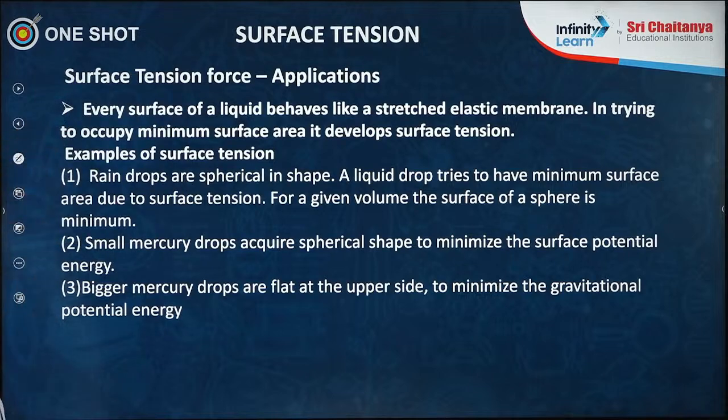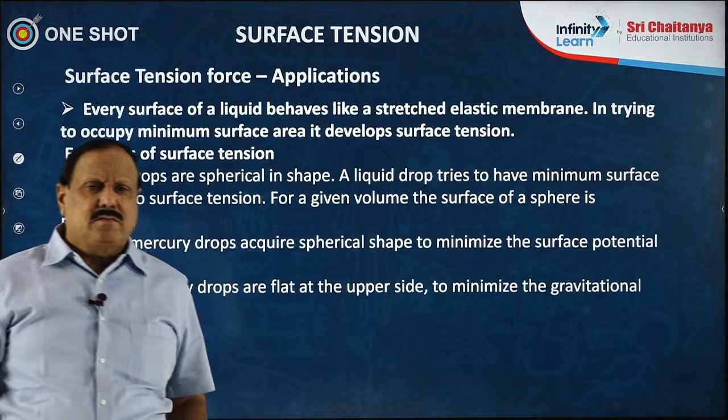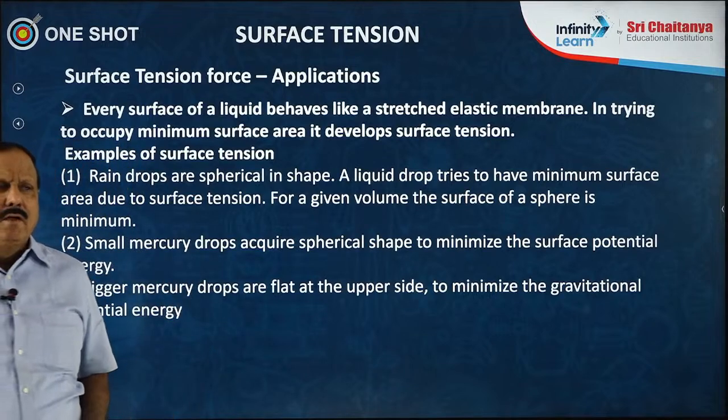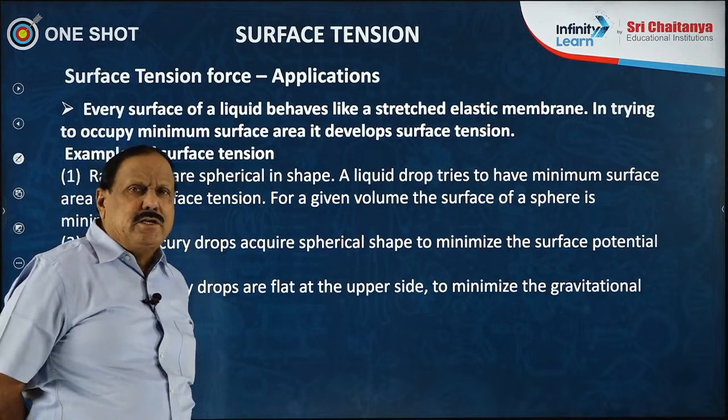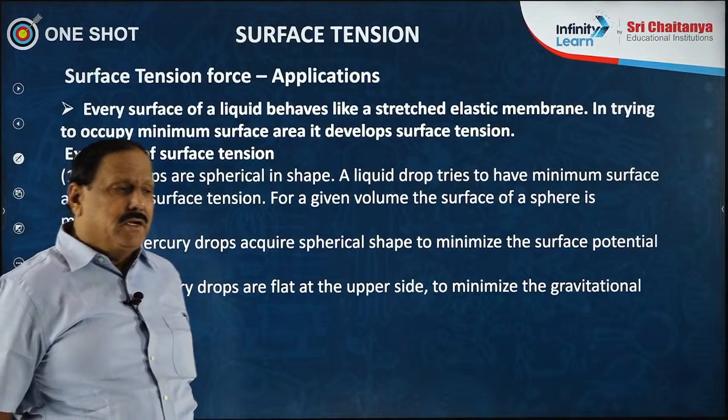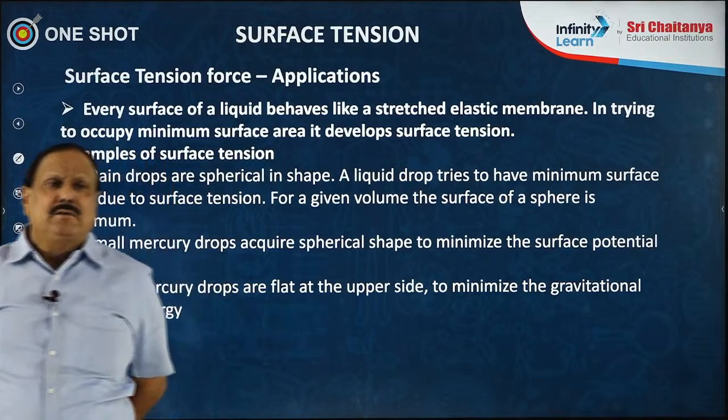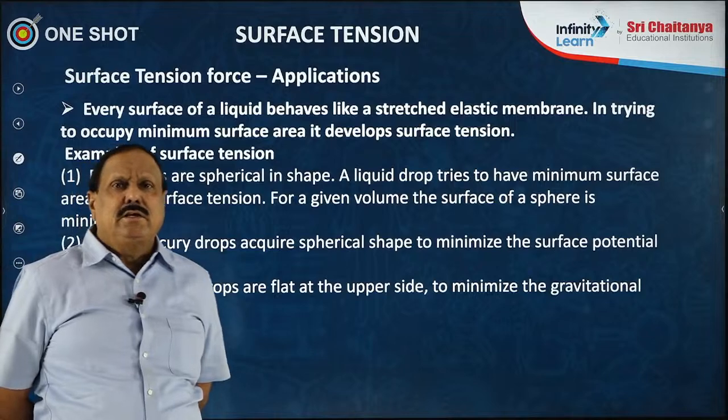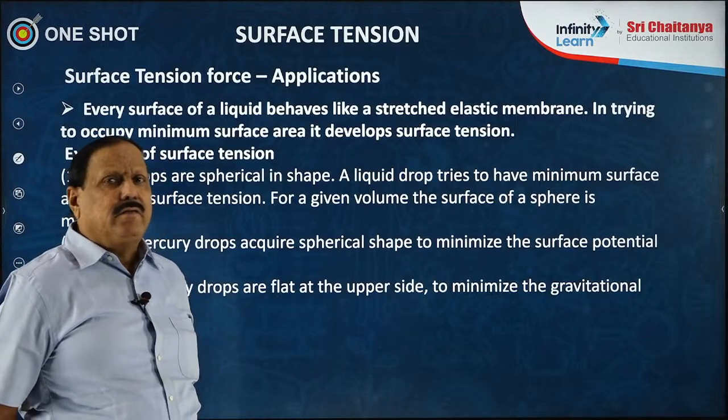Here we have to remember two things. There are two kinds of energies in the case of a liquid. One is gravitational potential energy. Another is potential energy due to the surface of the liquid.